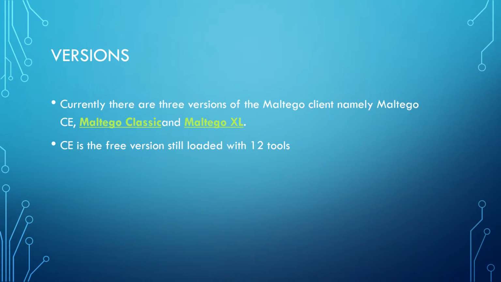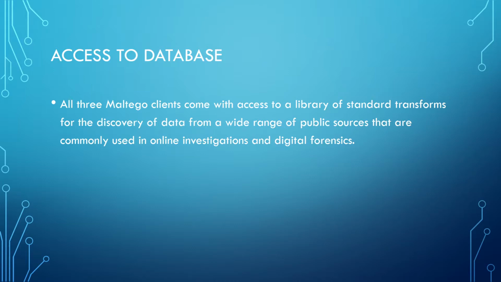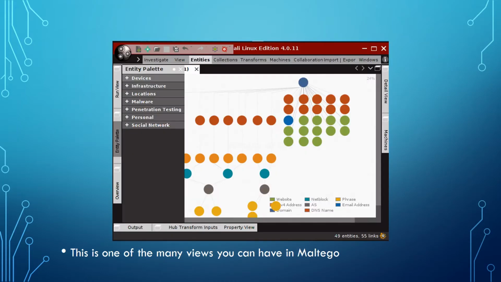But as far as the database and stuff like that, you are having access to the same amount of stuff. And like I said, you have access to the same data library that the paid versions do.